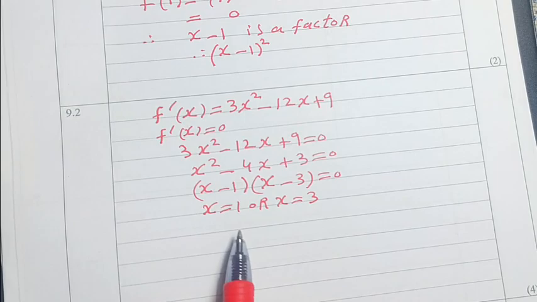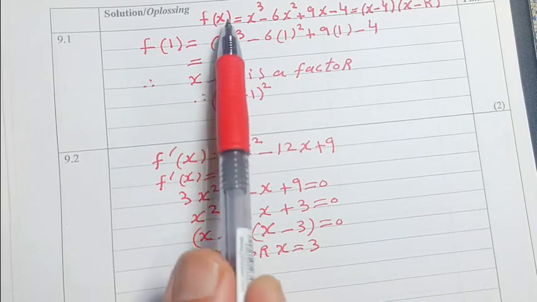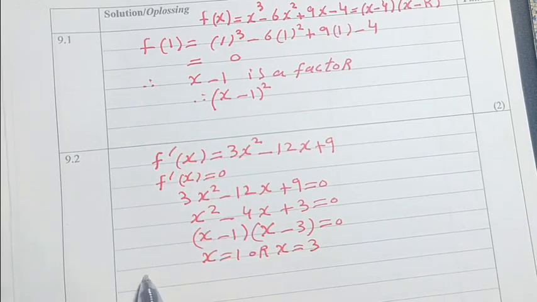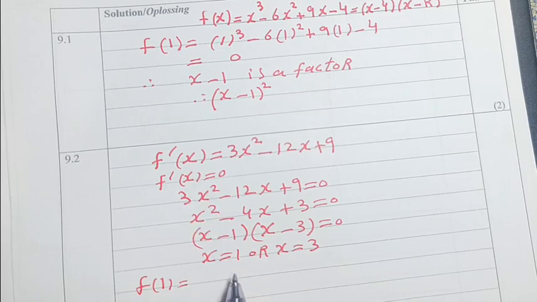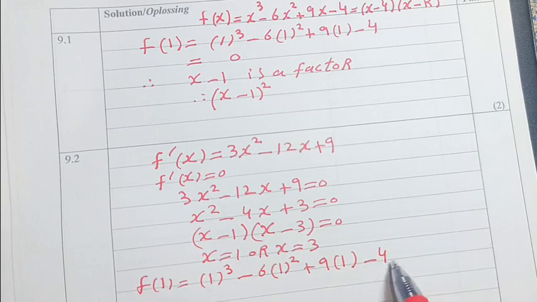Now I need to find the y value. So we have to substitute x equal to 1 into the original function to get the y value. So f of 1 is going to be 1 cubed minus 6 times 1 squared plus 9 multiplied by 1 minus 4, and that will give me the answer equal to 0.